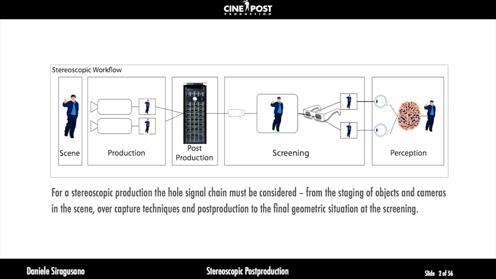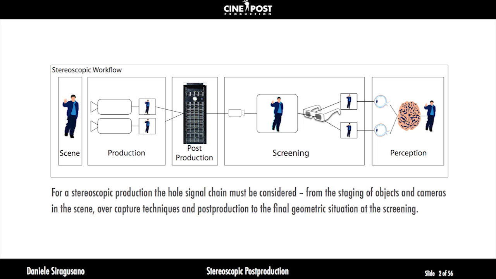Like yesterday, I always start with this chart, and for those of you who weren't there yesterday, I have to mention again that the whole process of stereoscopic movie making has to be considered in order to get the right perception in the brain of the observer.